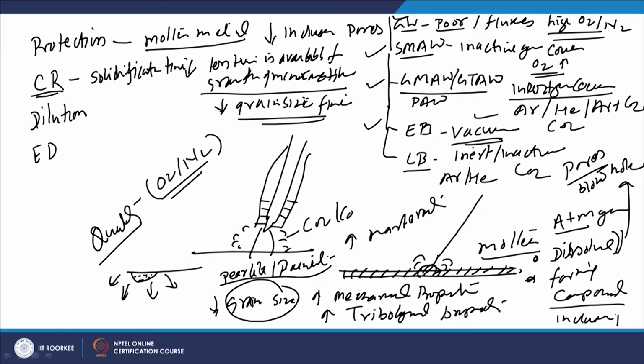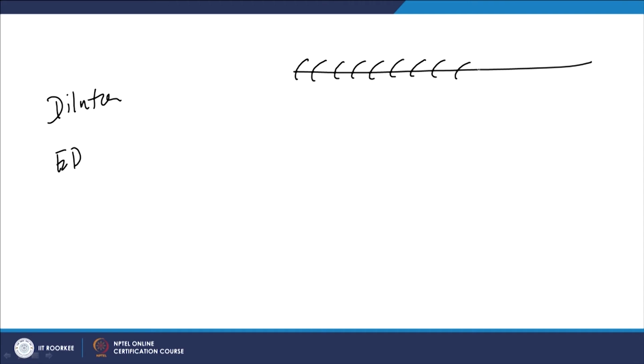Now, the other two aspects are dilution and the energy density. We know that the process of weld surfacing for surface modification is based on the approach of applying a layer of good quality material over the surface, so that the required improvement in properties can be achieved.